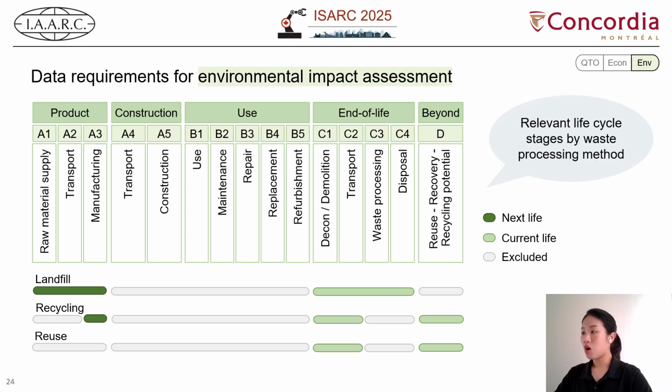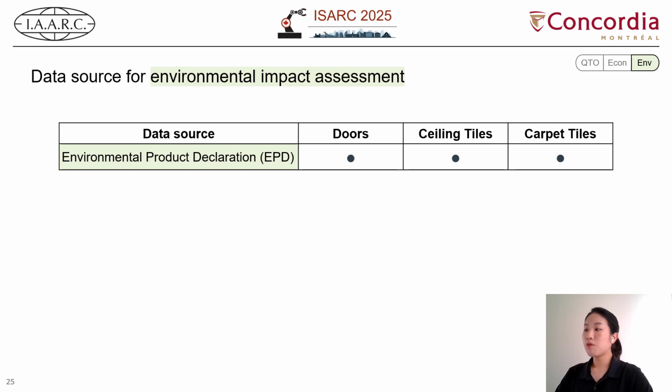Additionally, if landfilled, all early stages are included as a new product will be produced to replace the original. For the recycled materials, only the last remanufacturing impact is included. Although we could not find the exact match for each product, we searched for the equivalent EPDs of doors and tiles for the case study.